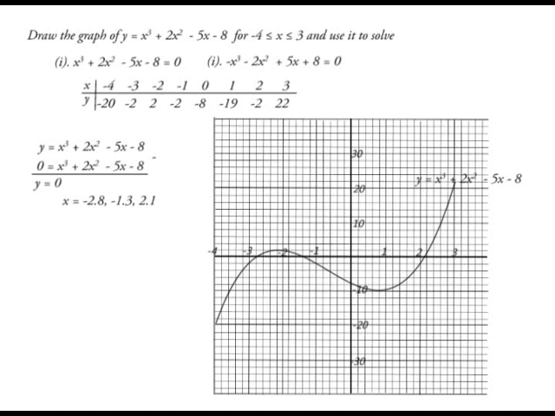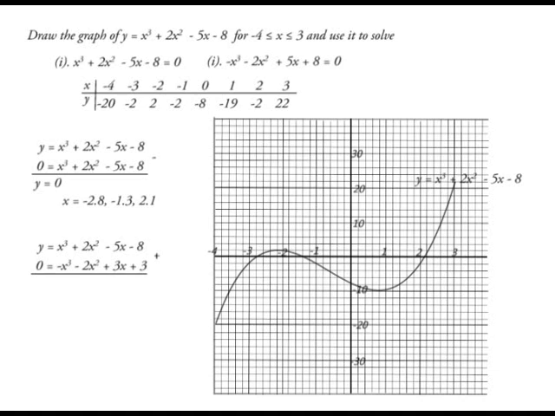Next, we rearrange and compare the equations. y = x³ + 2x² - 5x - 8, and 0 = -x³ - 2x² - 3x + 3. We need to eliminate the cubic function and the quadratic function. We can do that by adding the 2, because if we subtract, we will not eliminate them.